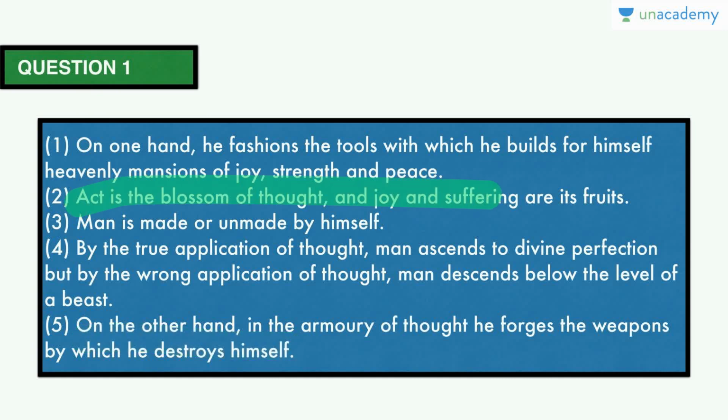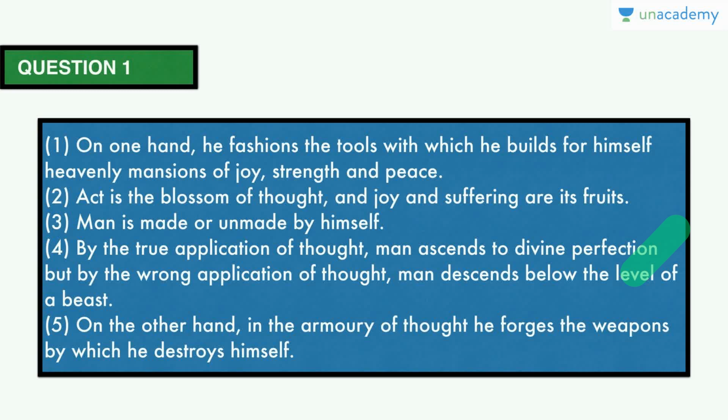Act is the blossom of thought, and joy and suffering are its fruits. By true application of thought. So one out of 2 or 4 will be the excluded sentence. Let's see which one. On the other hand, in the armory of thought, he forges the weapons by which he destroys himself. Act is the blossom of thought, and joy and suffering are its fruit.